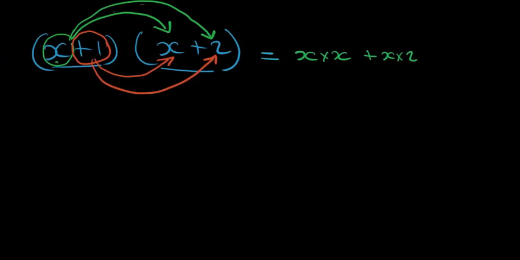What's next? Well, we are done with this term. We've multiplied by everything in the second bracket. Now we come to the second term of the first bracket, which is positive 1. Positive 1 multiplied by x. And what else? Positive 1 multiplied by 2.